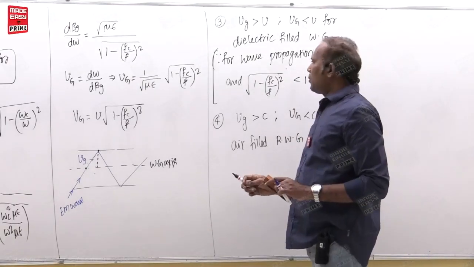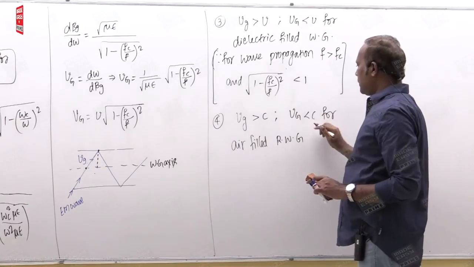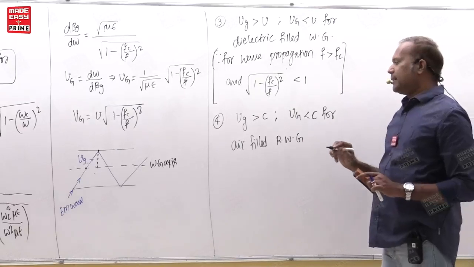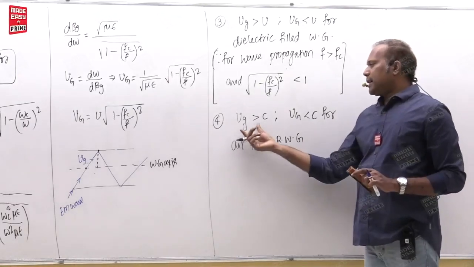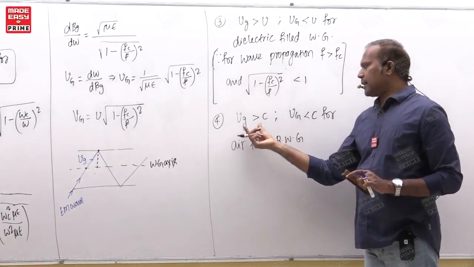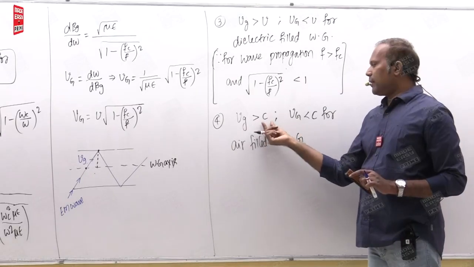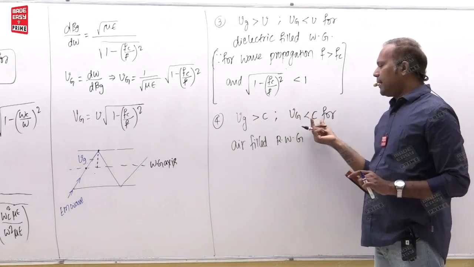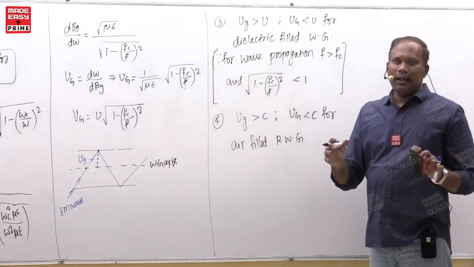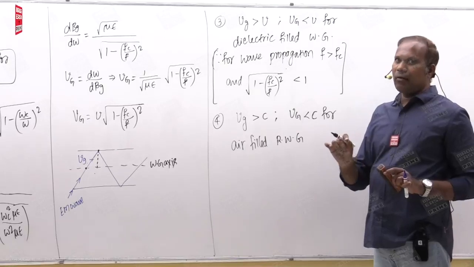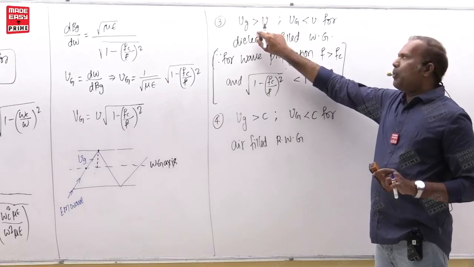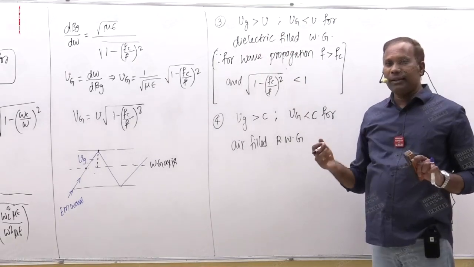Now, third point over. These are all objective questions, students. So some students say like this: group velocity is greater than light velocity, guide phase velocity is greater than light velocity, and group velocity is less than light velocity. That is a wrong statement. Every time they say that only. Be careful. If it is a dielectric waveguide, this is not the case. Students don't give importance to whether it is a dielectric-filled waveguide or an air-filled waveguide.